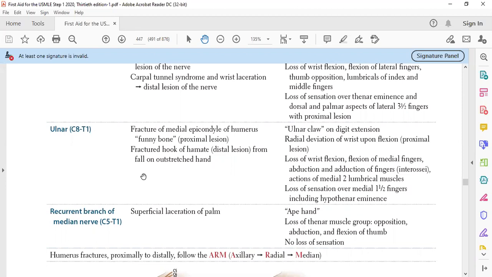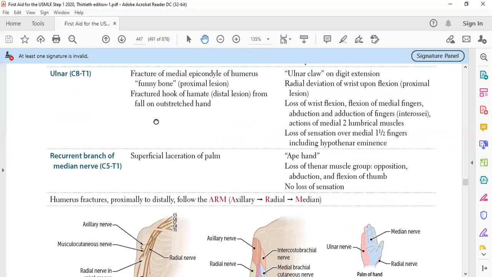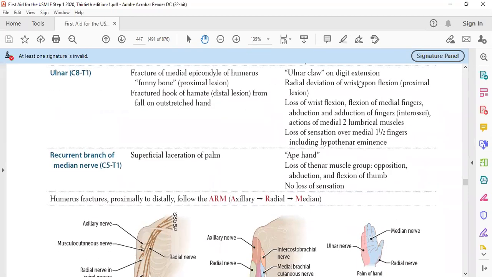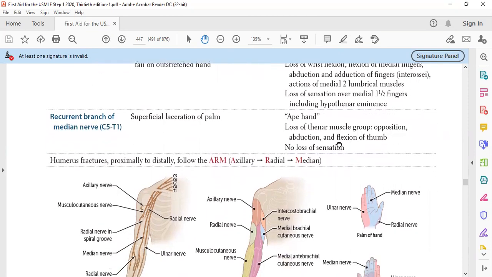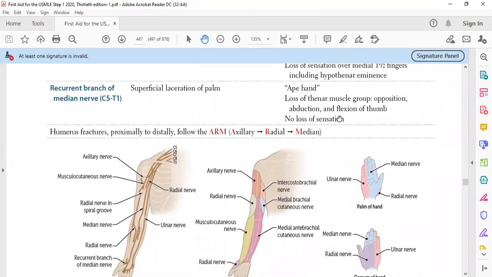So ulnar is C8 to T1: fracture of the medial epicondyle of the humerus, funny bone, fractured hook of hamate from a fall on an outstretched hand, ulnar claw, radial deviation of the wrist upon flexion, proximal lesion, loss of wrist flexion, flexion of medial fingers, abduction and adduction of fingers, interossei, action of the medial two lumbrical muscles, loss of sensation over the medial 1 1/2 fingers, including the hypothenar eminence.